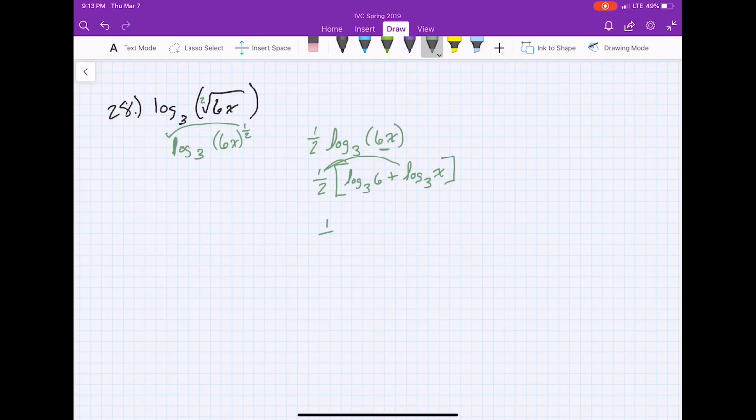So we have half log sub 3 6 plus half log sub 3 x. So that's that one. We're basically just splitting this out into subtraction or addition.